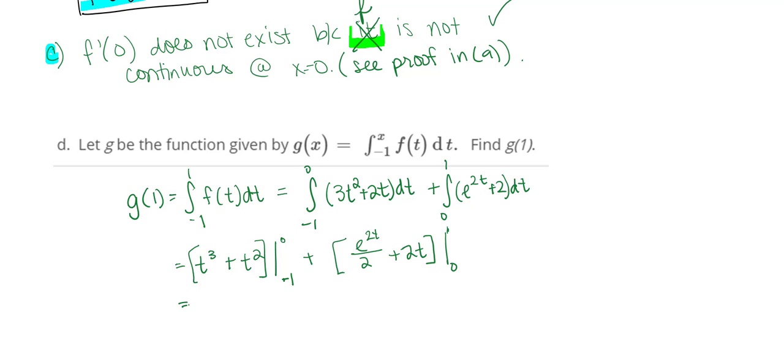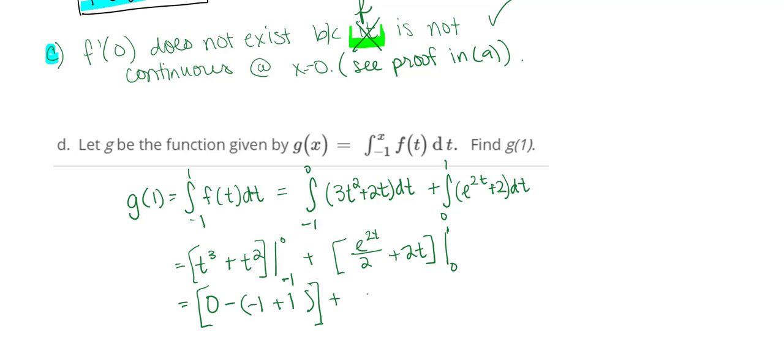Getting all of that plugged in here, we have 0 plus 0, that -1 gets plugged in, so we have 0 minus, -1 cubed is -1, -1 squared is 1, plus that whole first piece.